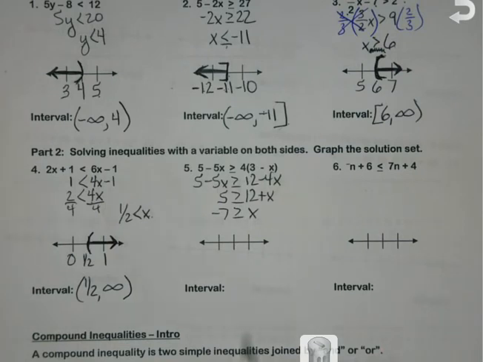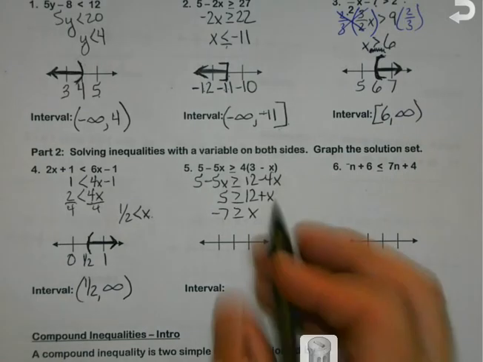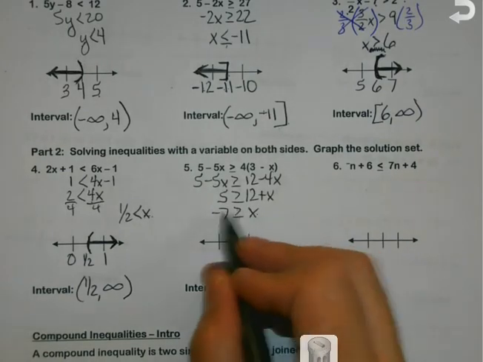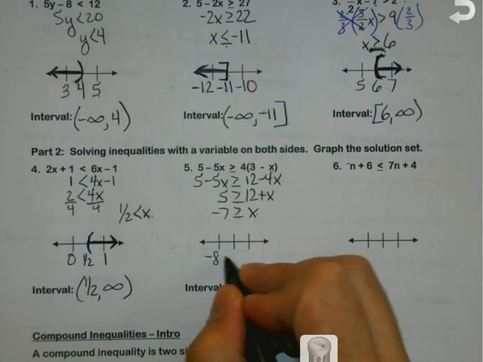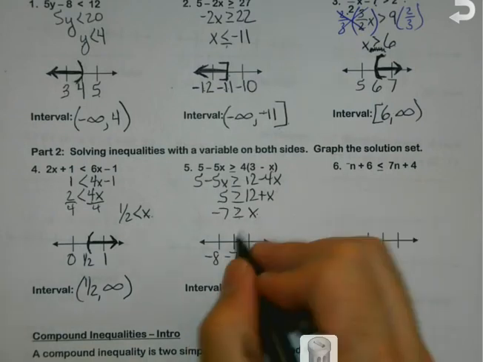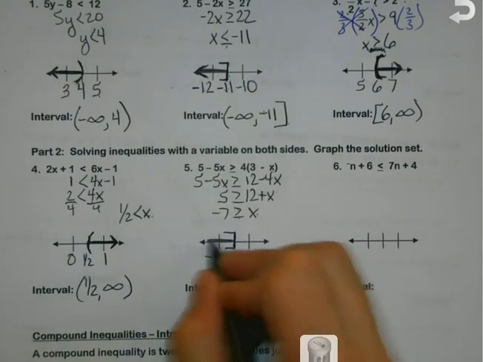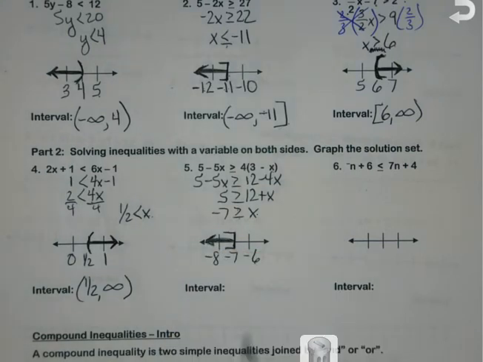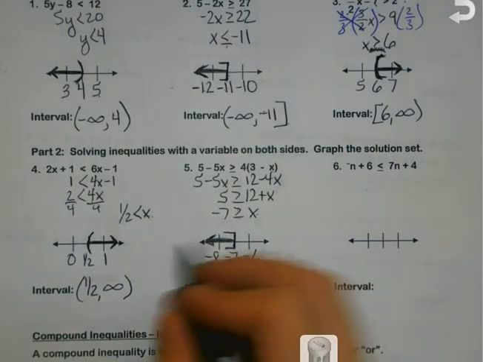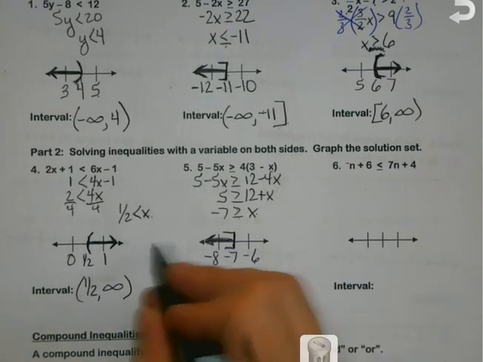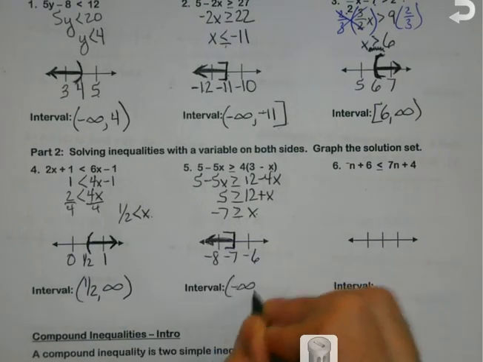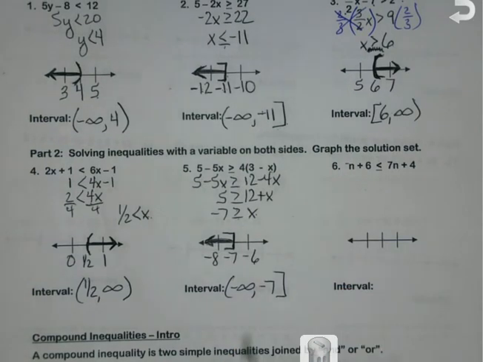Some of you will want to keep putting your variable on the left side at no cost, and that's fine too. So x is less than or equal to -7. This time I get to use my bracket. And again, since we always work left to right, left starts off at negative infinity with my arrow and comes until I get stopped at negative 7.